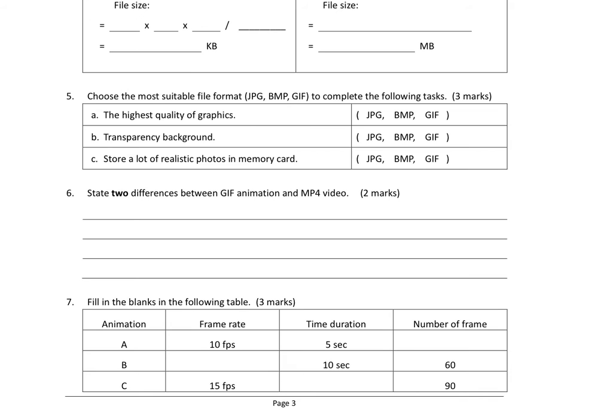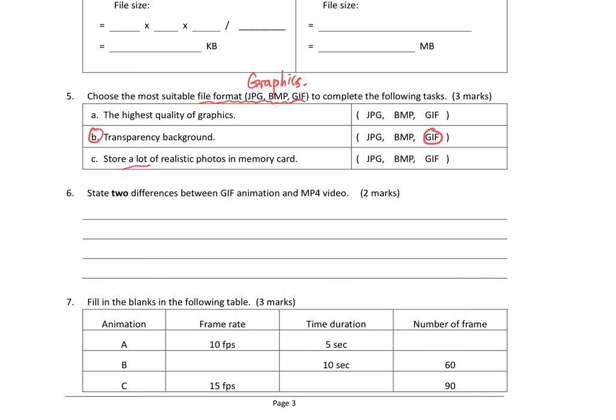Here we look at the file formats of some graphics. First, for B, for a transparent background, only GIF can support it.